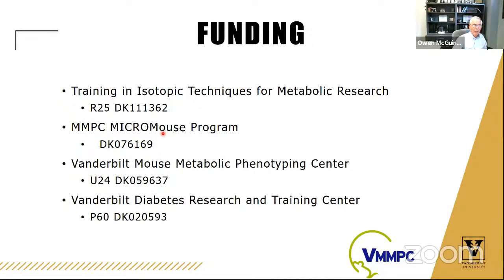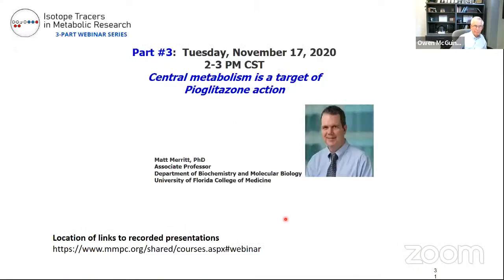These programs were supported by the metabolic micro mouse program that supported this course, and now also supported some of the studies that were developing some of this technology we applied to study metabolic systems. And then the Mouse Metabolic Phenotyping Center, which provides the toolkits and access to make this really sophisticated technology available to the larger diabetes community and the diabetes centers as a whole.